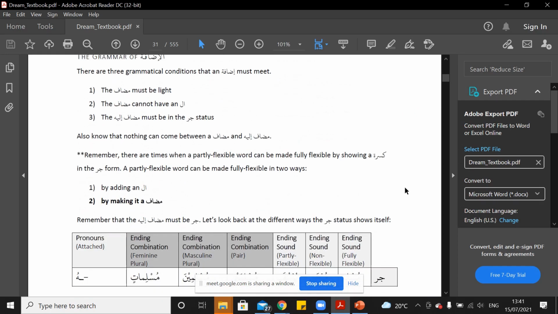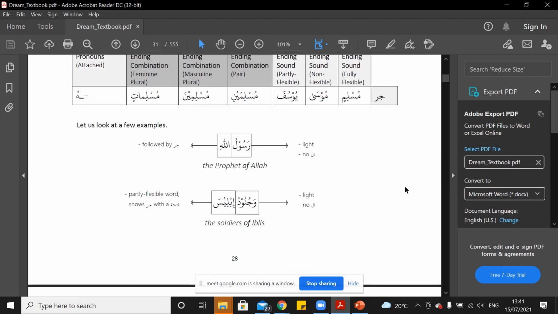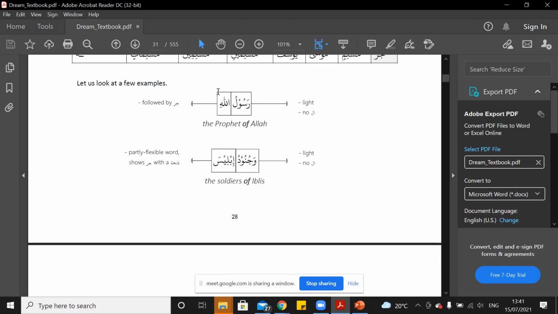Now we are looking at the examples in Arabic. We have the word here, Rasulullahi. So what are the three conditions for an Idafah fragment? That the mudaf should be light and have no "al". The word Rasulu here is light and has no "al", so we can say it can be mudaf.